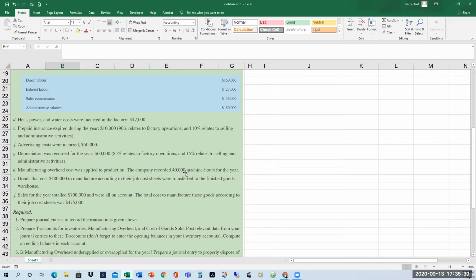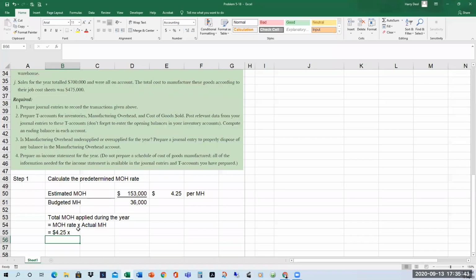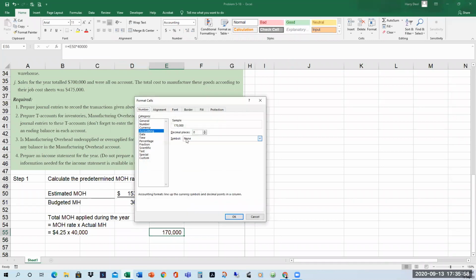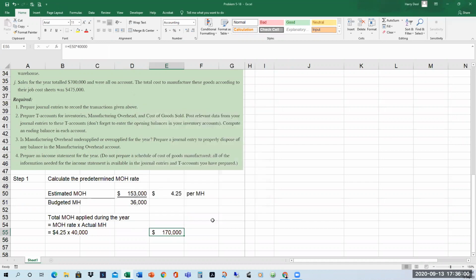The company recorded 40,000 machine hours for the year. So $4.25 times 40,000 actual machine hours, we get manufacturing overhead charged to various jobs, $170,000. So you want to do this calculation first.